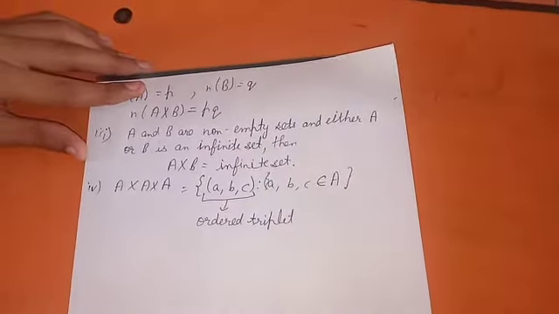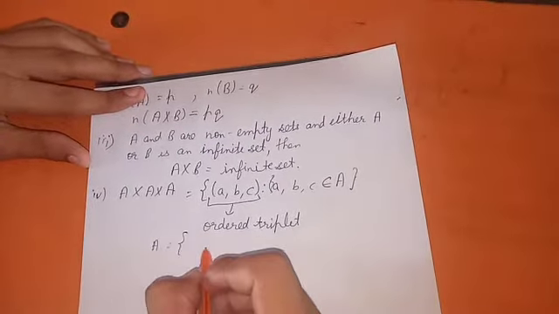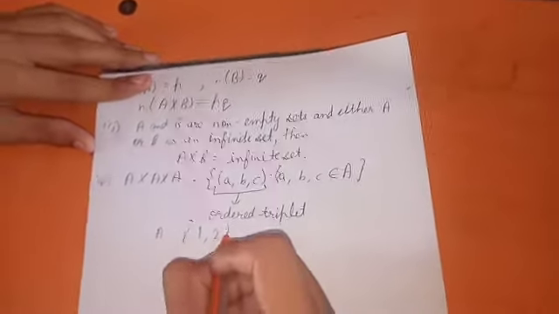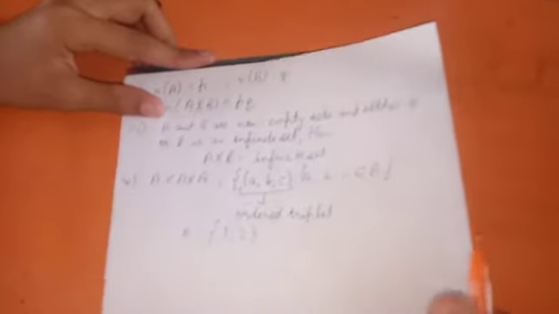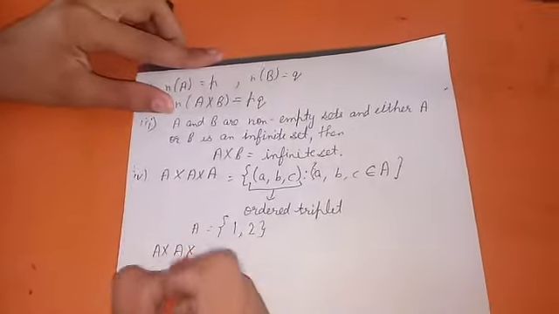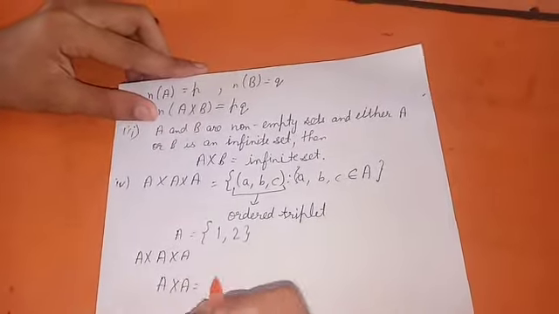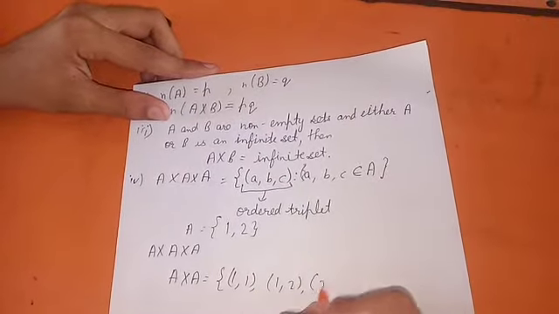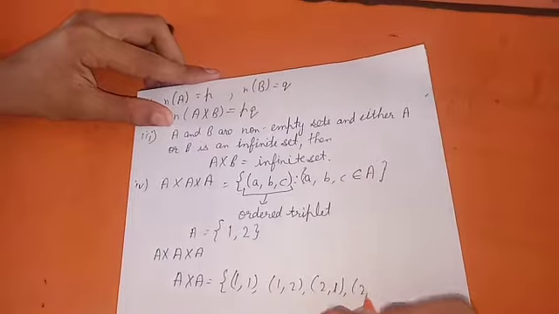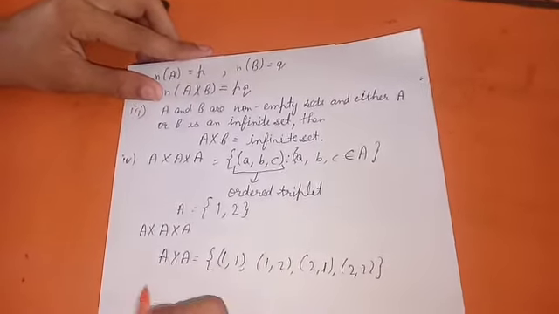And how are we going to find it? Suppose A consists of 1 and 2. It is any set, and we have to find A cross A cross A. First we will find A cross A. That will be (1,1), (1,2), (2,1), (2,2). Now we are going to multiply A again with this.